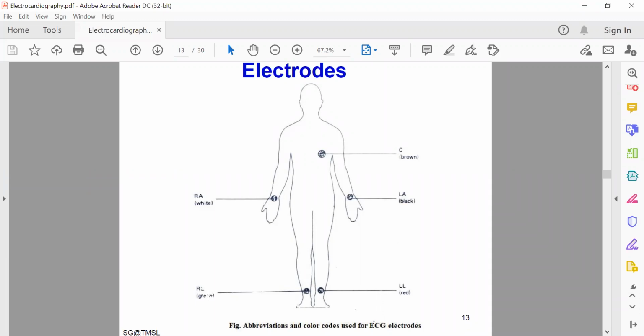Color codes are also used to identify each electrode, as given here. This one is RA, which is white in color. This is brown, black, red, and this is green. Okay, so these are the abbreviations and color codes of ECG electrodes.